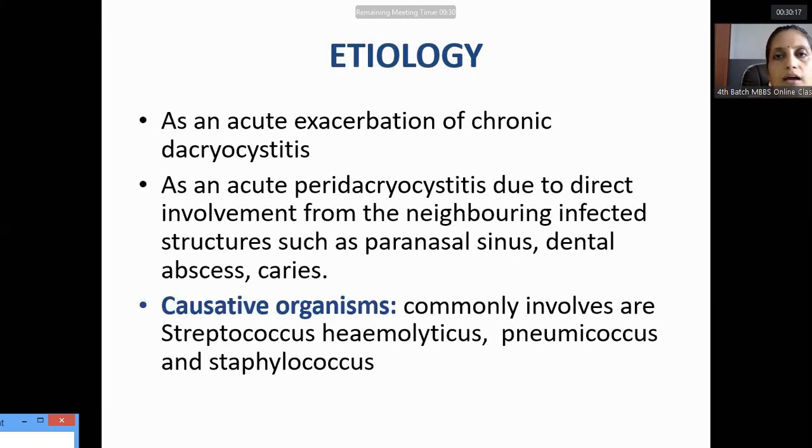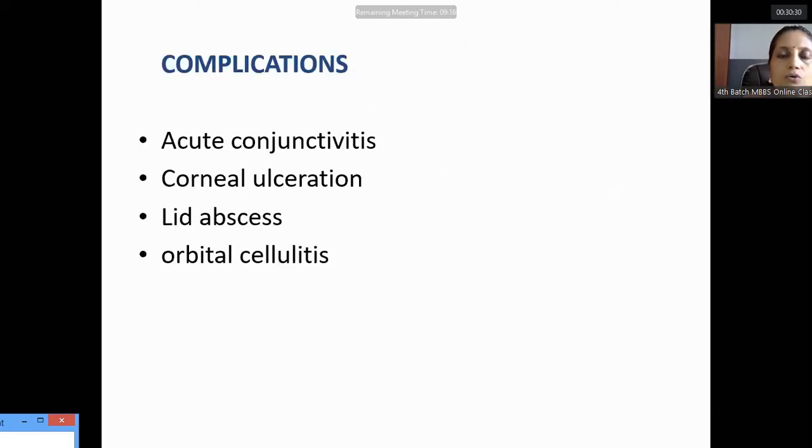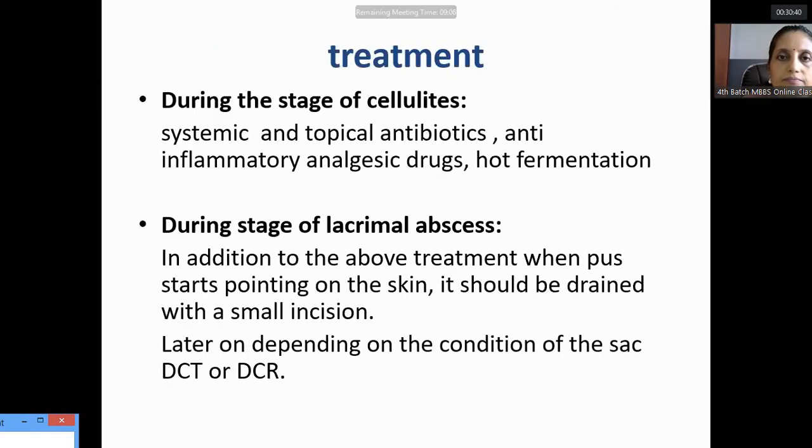So complications of acute dacryocystitis can result in acute conjunctivitis, corneal ulcer, lid abscess, or orbital cellulitis.